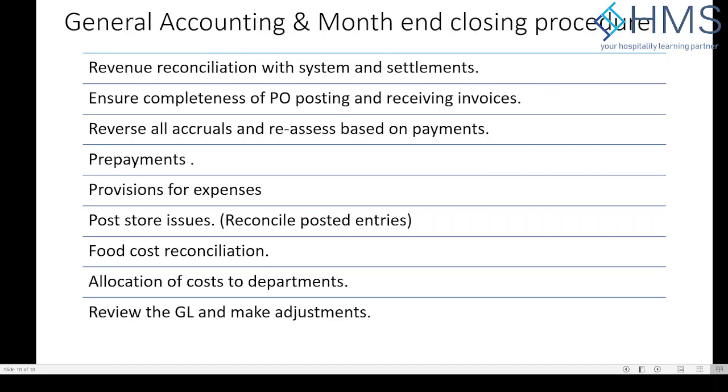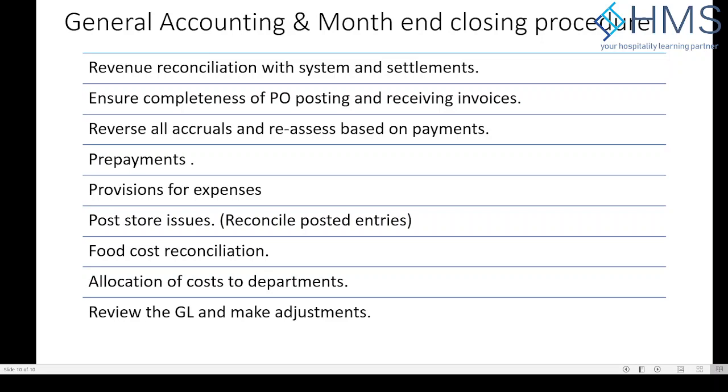So the chief accountant, before they finalize the profit and loss account and submit to the FC and GM for review, has to do their own initial review first, right? To see if there is any cost which is too high or too low compared to the previous months, compared to the previous years. And if yes, then you have to find the reason why. If the reason is justified, then it's fine.